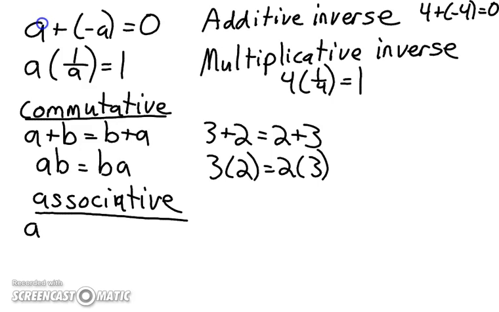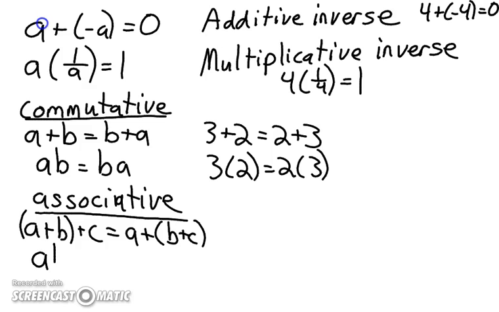So it says that the quantity A plus B, plus C, is equal to A plus the quantity of B plus C. So you can add the A and B terms first, or you can add the B and C terms first, and it's not going to change the problem. Multiplication is the same way. It says that the quantity AB, times C is equal to A times the quantity BC.